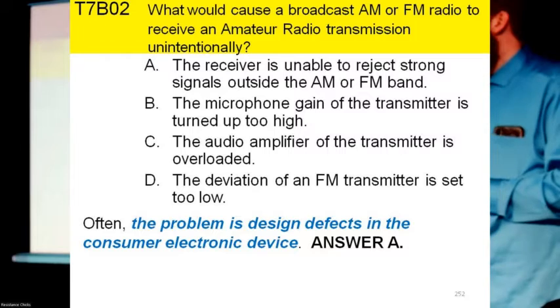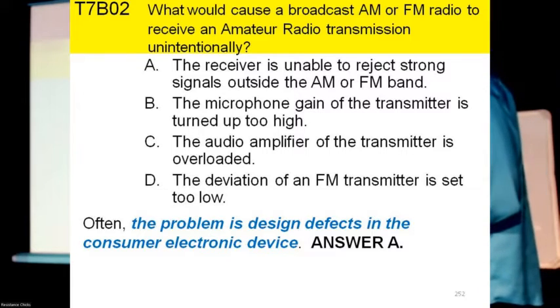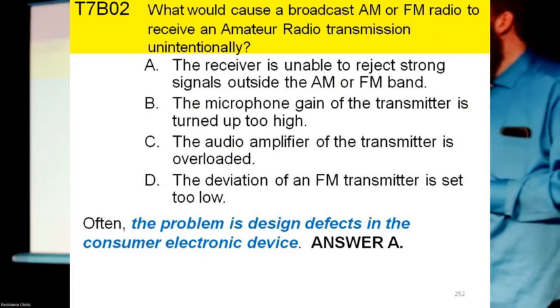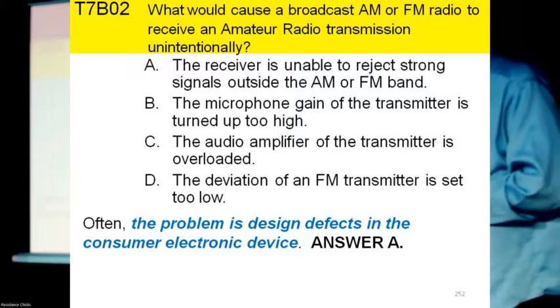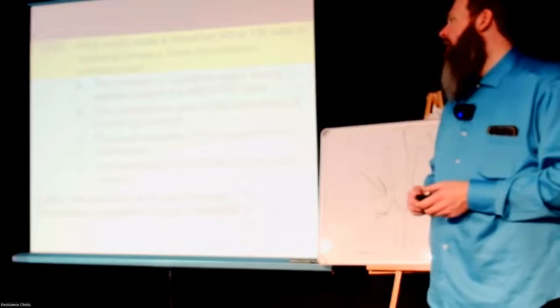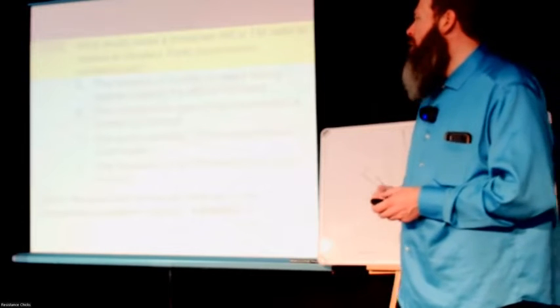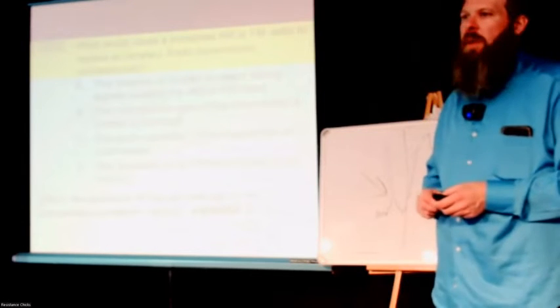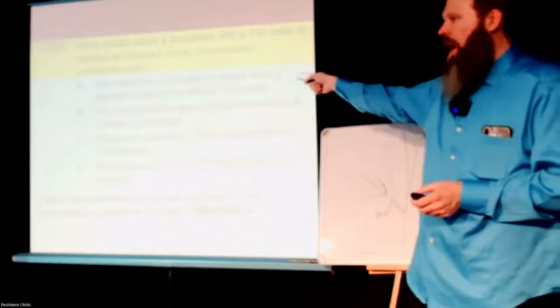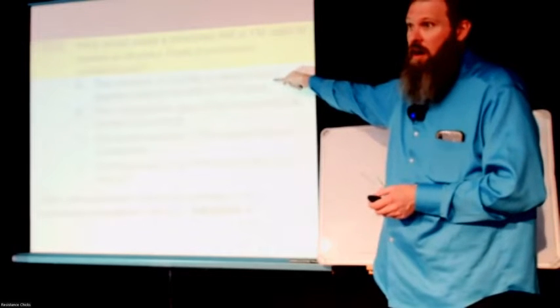What would cause a broadcast AM or FM radio to receive an amateur radio transmission unintentionally? The answer is the receiver is unable to reject strong signals outside the AM or FM band. So this is an AM or FM radio, like in your car.